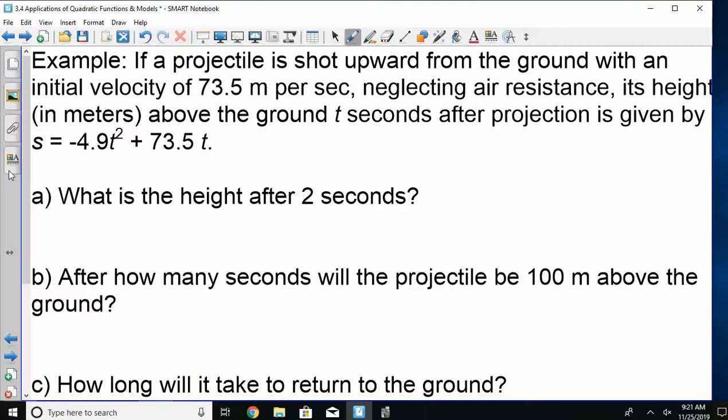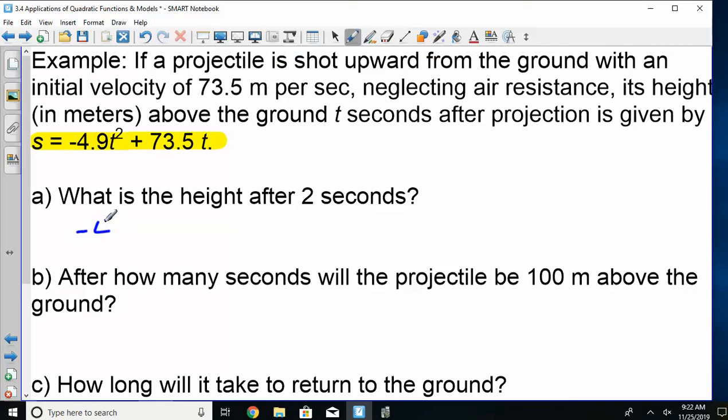If a projectile is shot upward from the ground with an initial velocity of 73.5 meters per second, neglecting air resistance, its height in meters above the ground is given by this equation. The only important piece here is knowing that S represents our height and T is the number of seconds. Part A, what is the height after 2 seconds? What do you have to do?